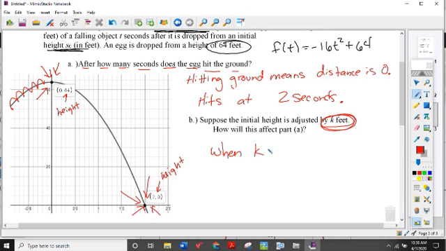When k is positive, or greater than 0, that's another way to say positive, the egg will take more than 2 seconds to hit the ground.